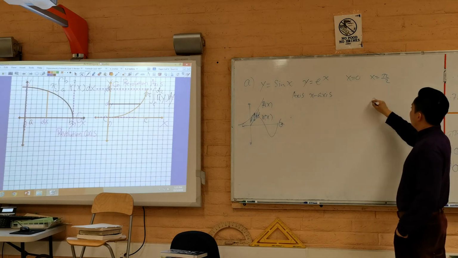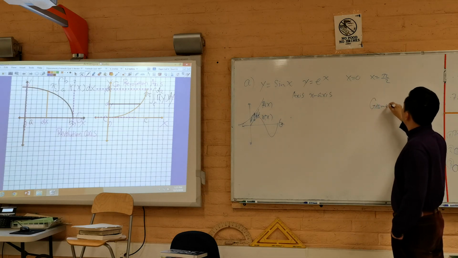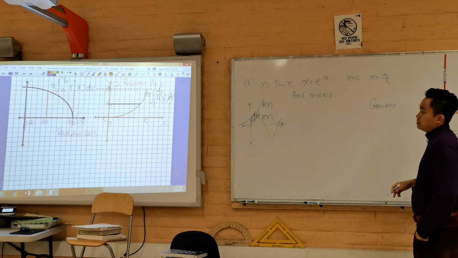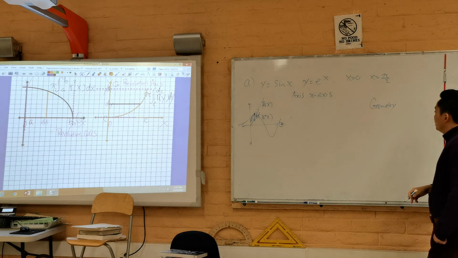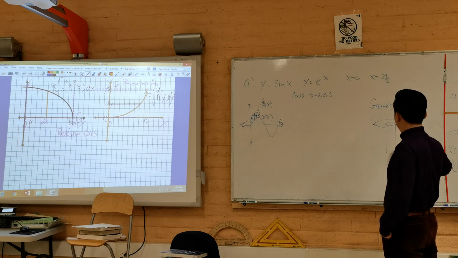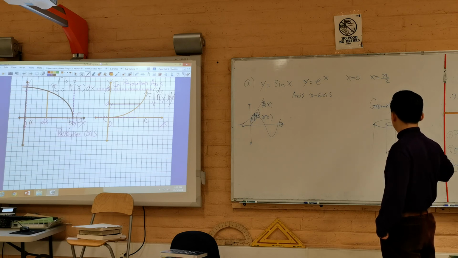So back to geometry. Let's say that we need to find the volume of two cylinders, the outer cylinder and the inner cylinder. Okay, something like this.